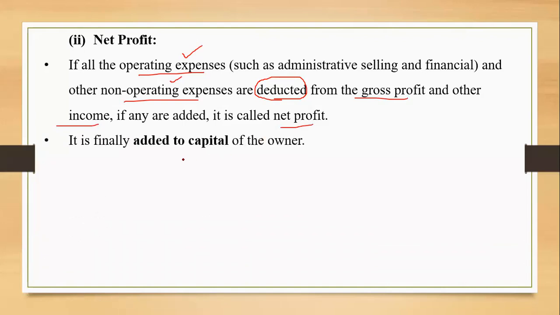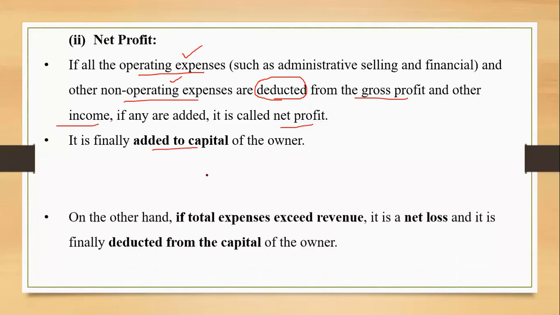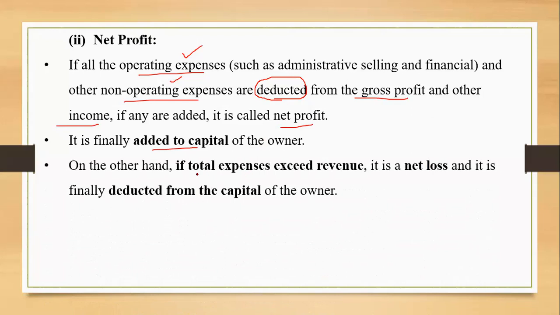The amount of net profit is finally added to the capital, and capital we write in the balance sheet on the liability side. And what if the operating and non-operating expenses are more than the gross profit and incomes? It will be a net loss.